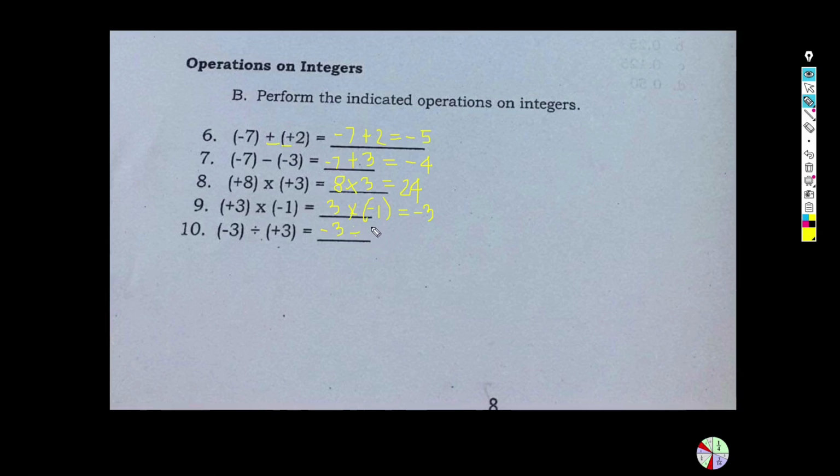Two different signs, when divided together, will give you a negative number. So 3 divided by 3 is 1, but it must be negative 1. Okay, that's the answer. Let's go to the next page.